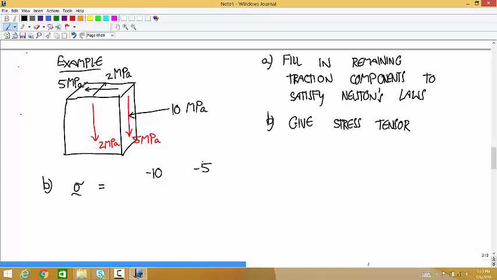So -5. What about XZ? 0. Then symmetry says -5 here. What about YY? 0. What about YZ? -2. And then symmetry says this is 0, this is -2. And then what about ZZ? 0. And all of these are megapascals.